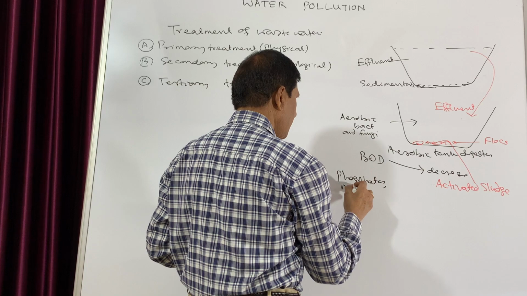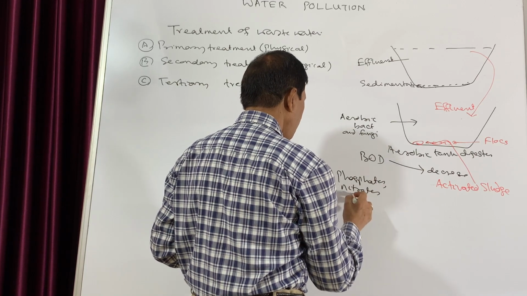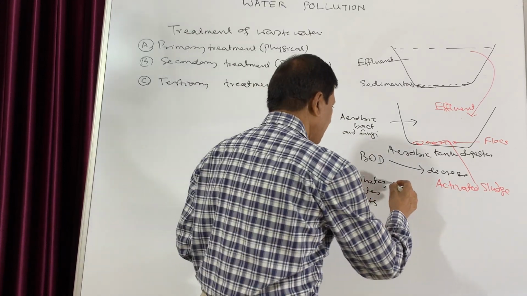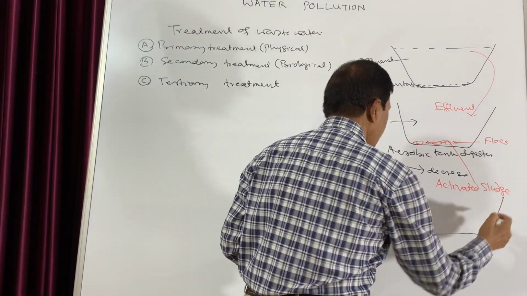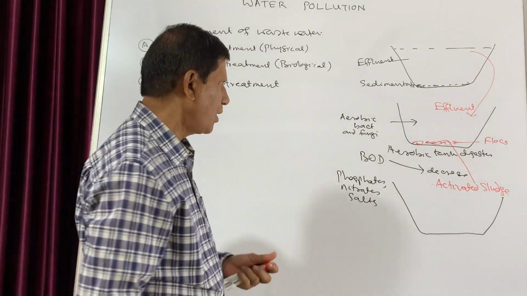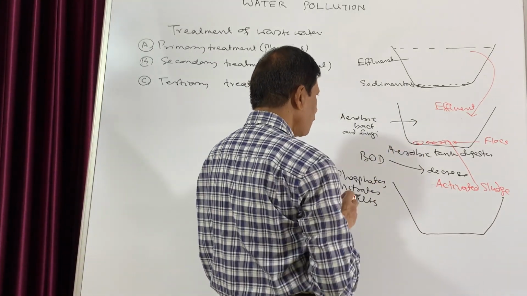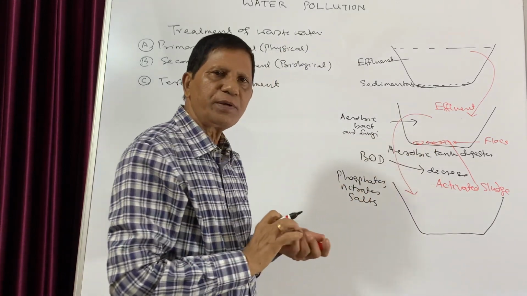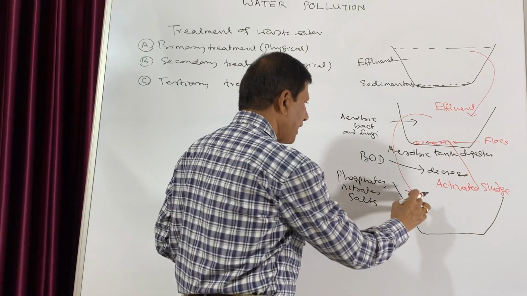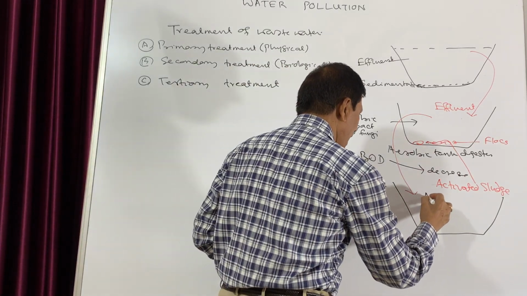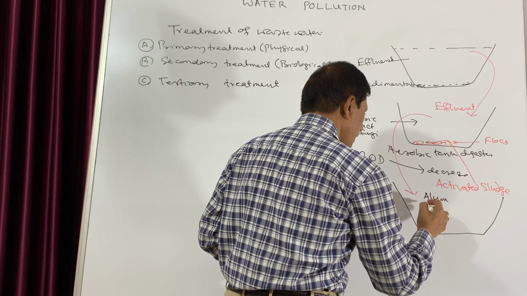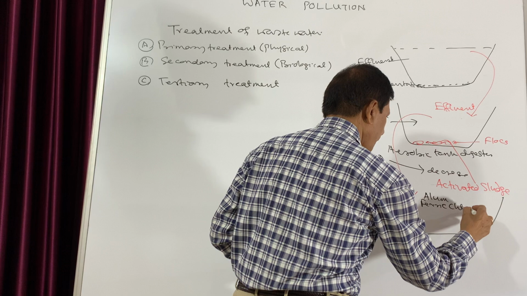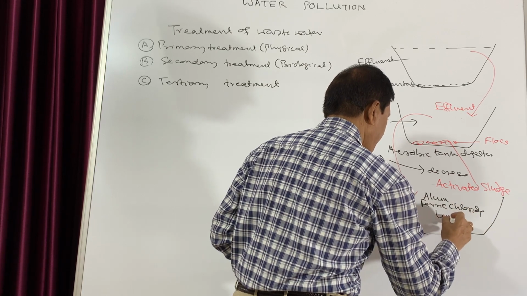So after the secondary treatment, the water still contains a sufficient amount of phosphates, nitrates, and also different types of salts. So it will be taken to another tank for tertiary treatment, where the organic matter has been degraded. Here there will be addition of alum, then ferric chloride, as well as lime.